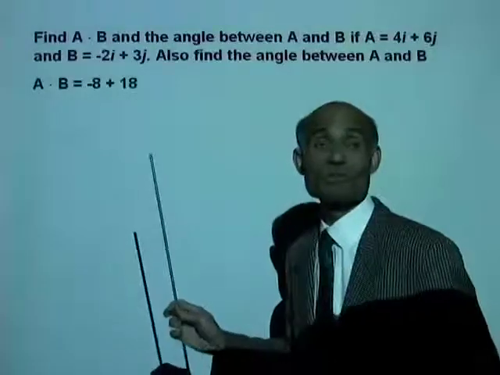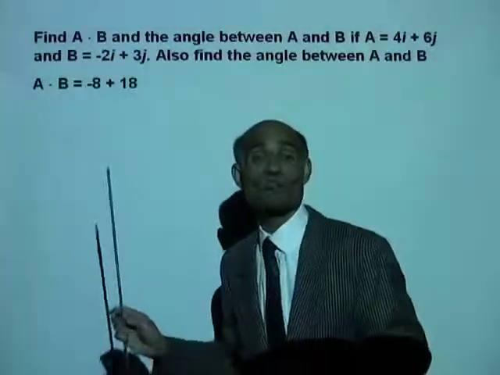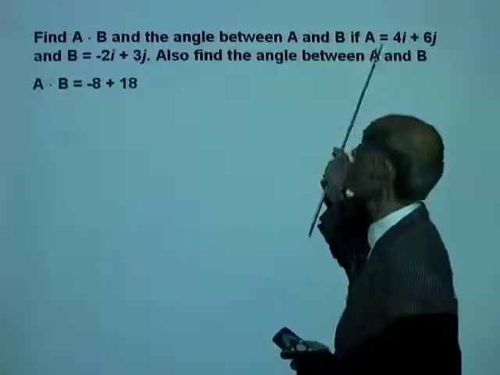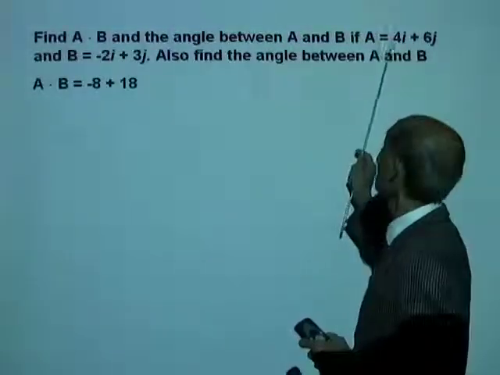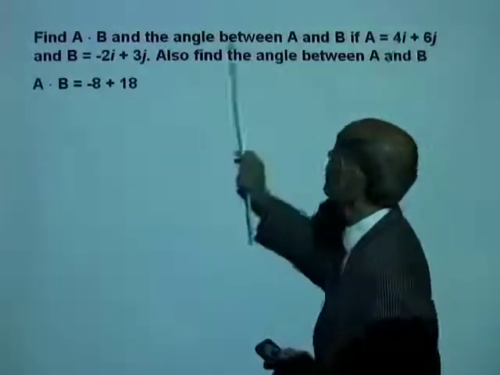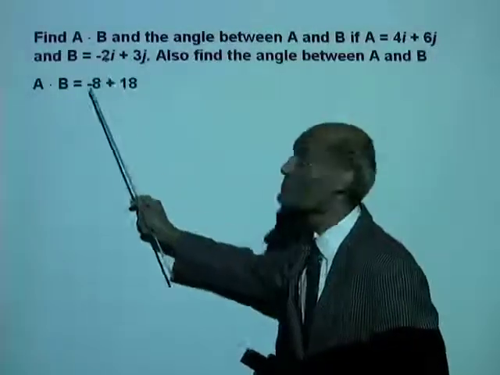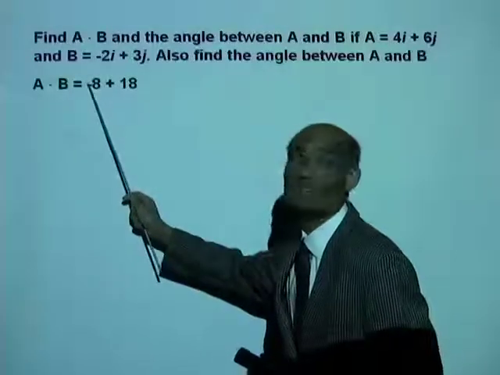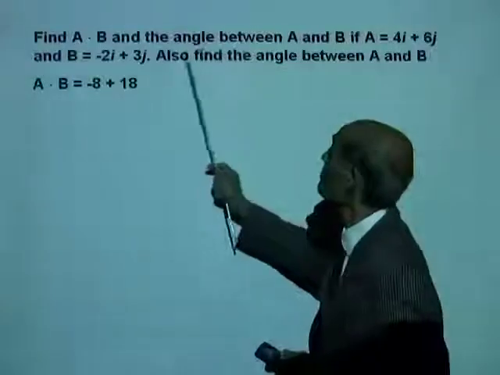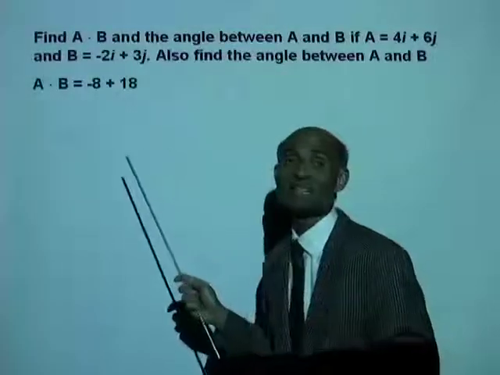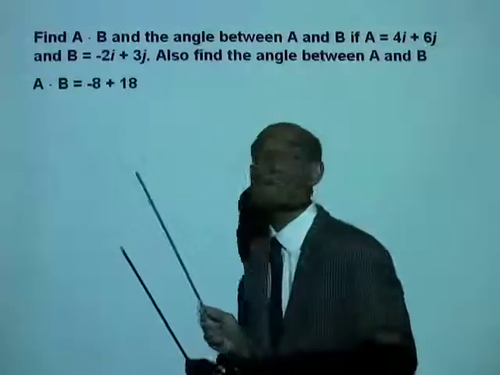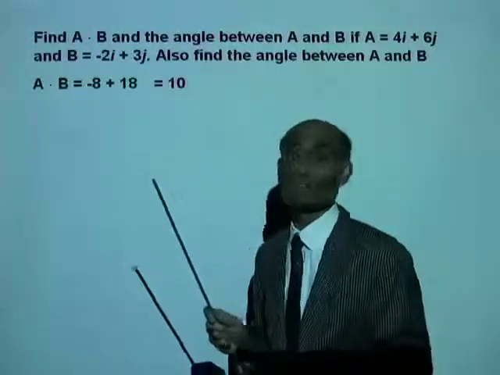Well, the first thing to do is to find the dot product of vectors A and B. How do you find the dot product? Multiply the x components: 4 multiplied by negative 2 is negative 8. And multiply the y components: 6 multiplied by 3 is 18. So A dot B is negative 8 plus 18, that is 10.